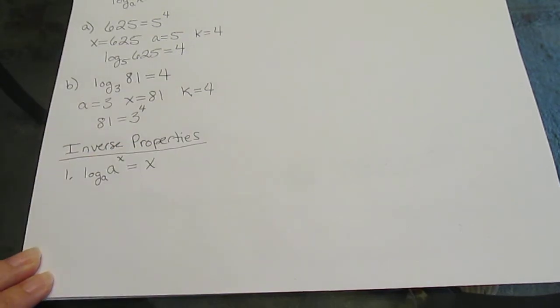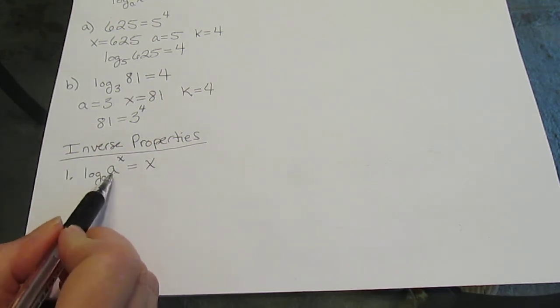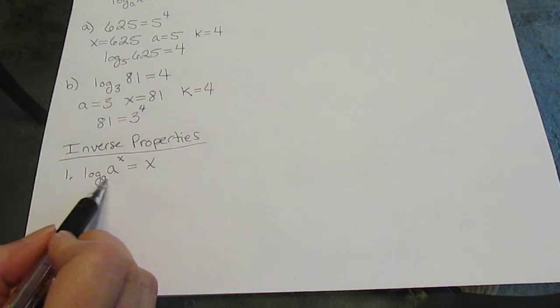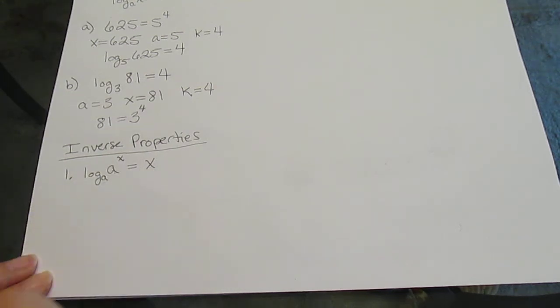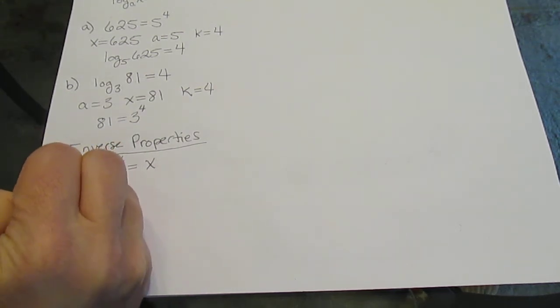And that's going to help us simplify our logarithms. Okay, so this is a very important property. If you see that these two numbers match, then this all simplifies to just the power. And I'll show you how to use that in a few minutes.